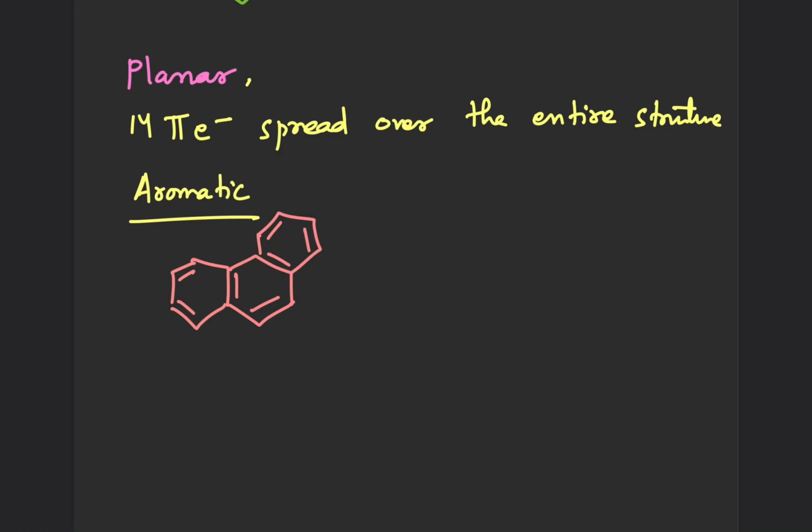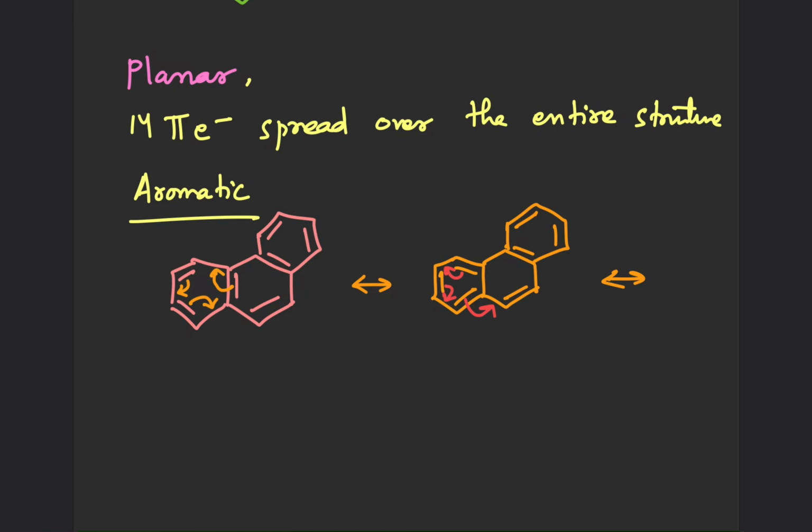In the next resonance diagram, I will move these electrons here, this guy here, and this pair there. So this will result in this, this, and this. To get the next resonance structure, I will move these pi electrons here, this one here, this one here, this one there, and this pi electron here.